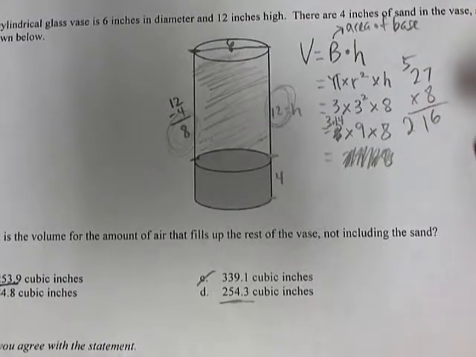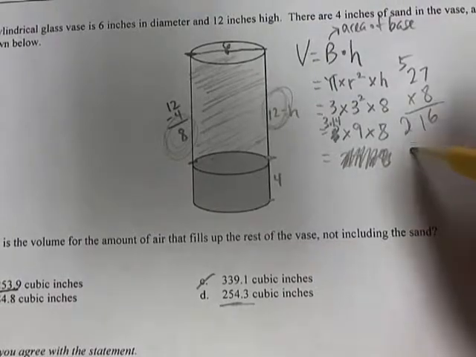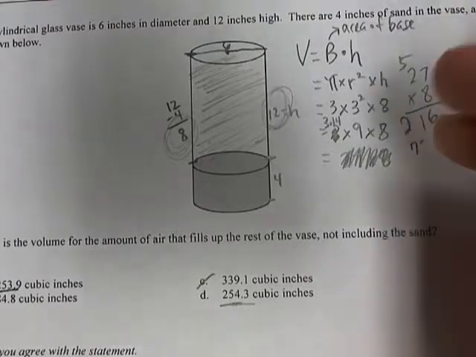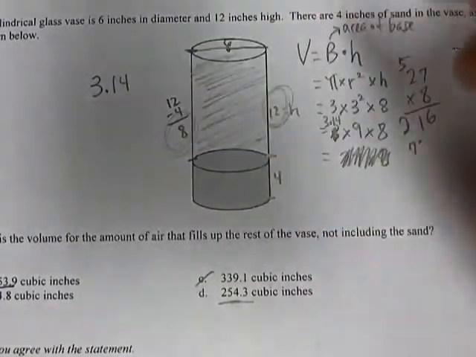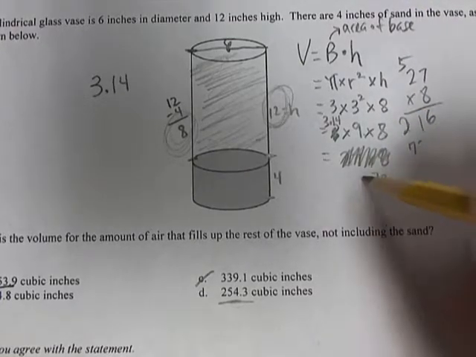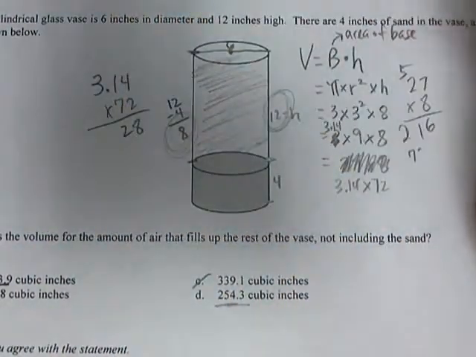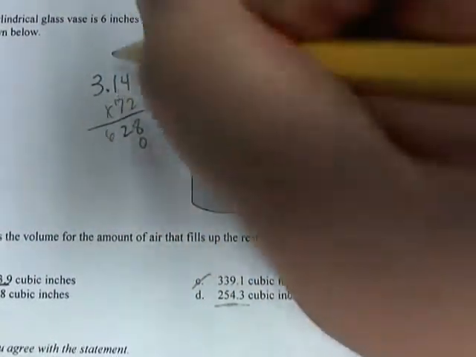So let's see. 9 times 8 is 72. 72 times 3.14. And I like to write the number with the most units up top. So 3.14 times 72, right? Because 9 times 8 is 72. Add a 0 before you multiply by 7.